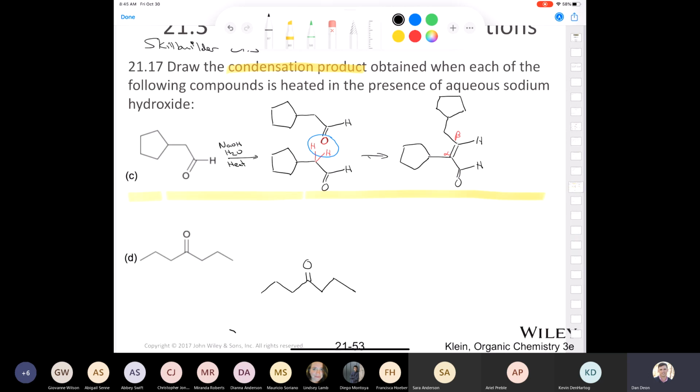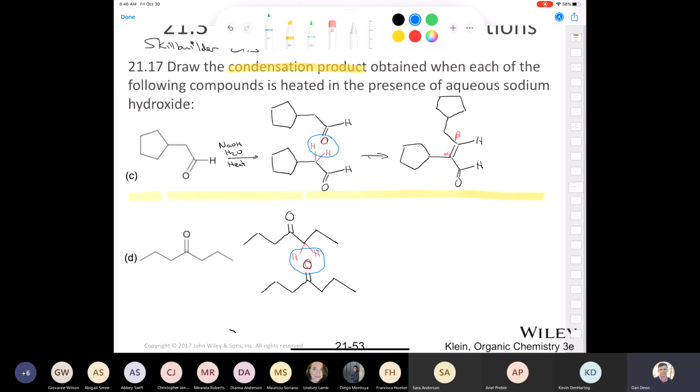I'll draw it carefully like this. I'm going to copy it, and paste it right here. Now I'm going to draw in my 2 acidic protons right here, 2 acidic protons like that. Here's the oxygen. That's where I'm getting my H2O from, right there.